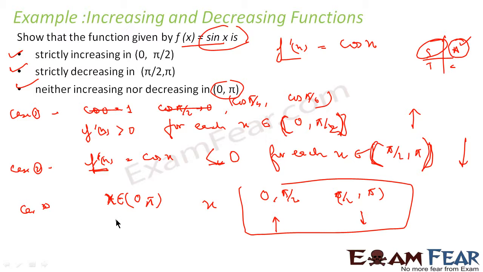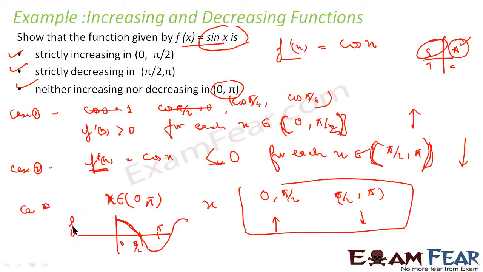If you draw the graph of f dash x, it is something like this, correct? This part is my 0 to pi by 2. This is 0, this is pi by 2 and this is pi. From 0 to pi by 2 it is increasing. Why increasing? Because this is always greater than 0.